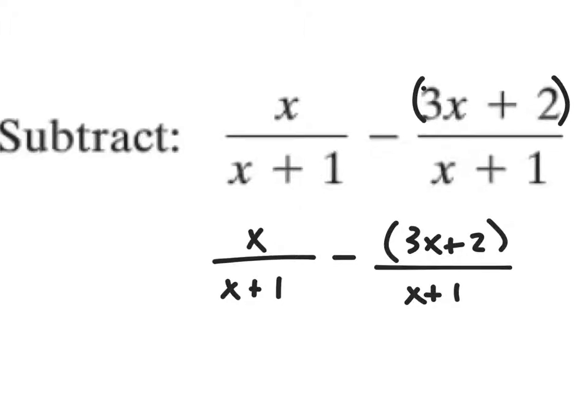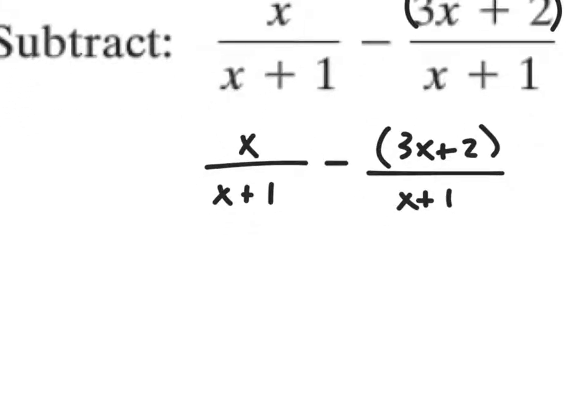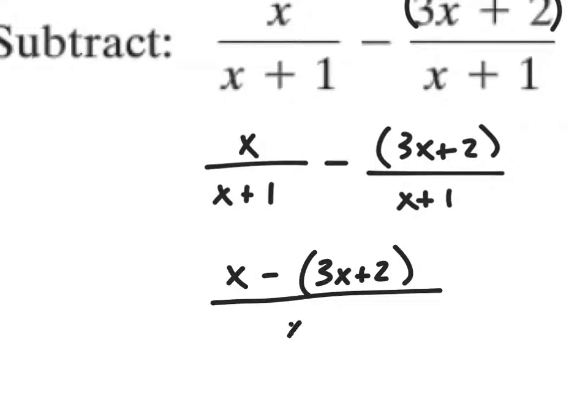Now, when I do this, I have a common denominator. I have the same thing in each denominator, so all I need to do is subtract my numerators. I'm going to write this as one fraction: x minus the quantity 3x plus 2, all over x plus 1. Now, when I subtract this quantity, I need to distribute that negative sign.